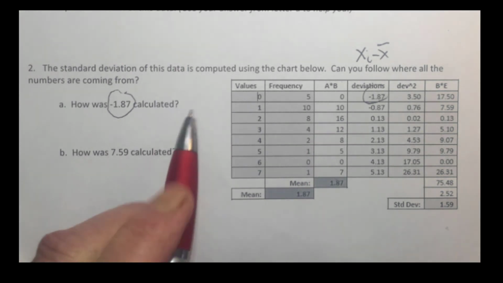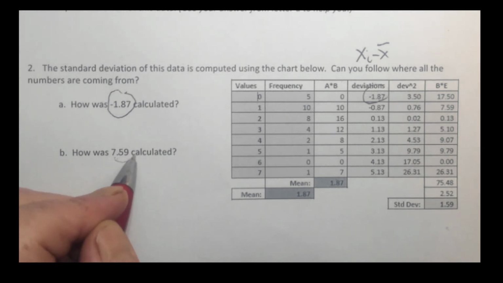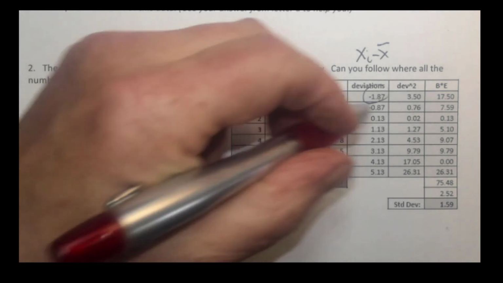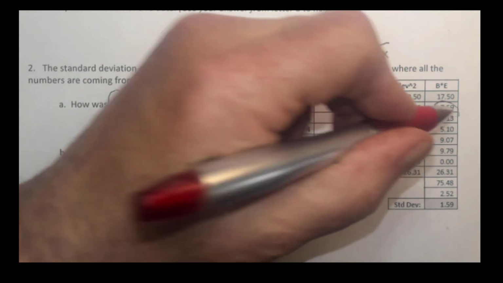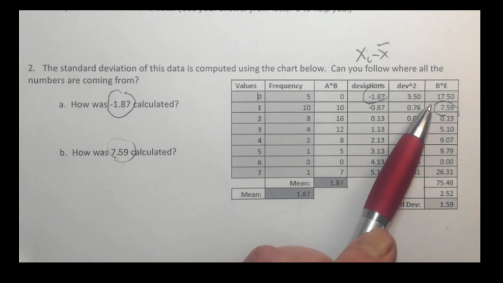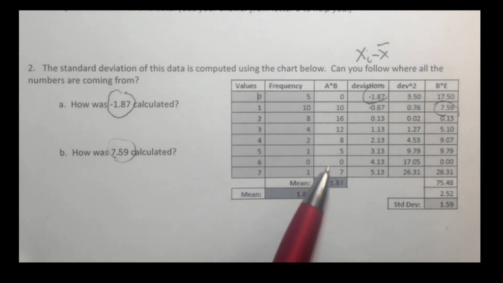So the last question here was, how was 7.59 calculated? Well, here's 7.59 right there. How was that calculated? Well, this was calculated by going 1 minus 1.87.